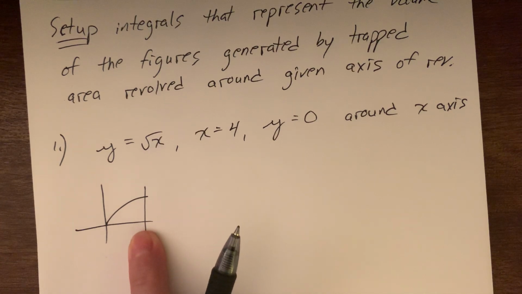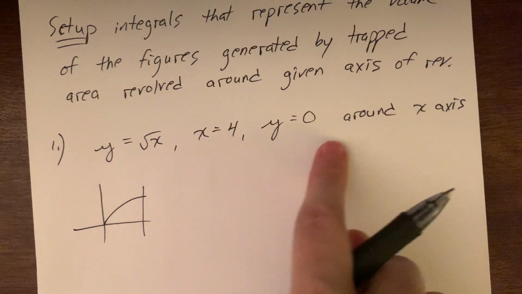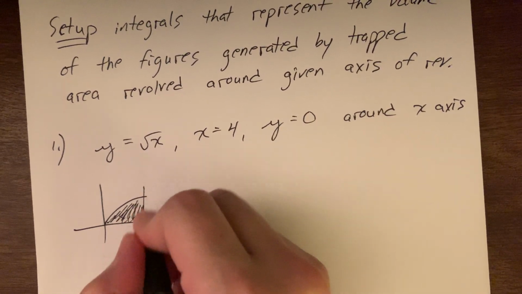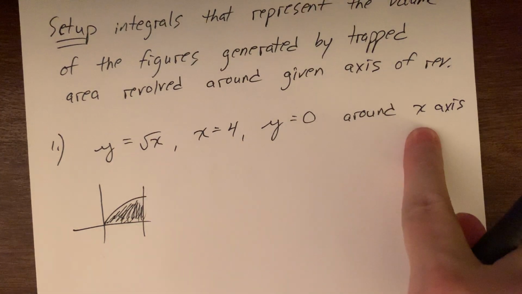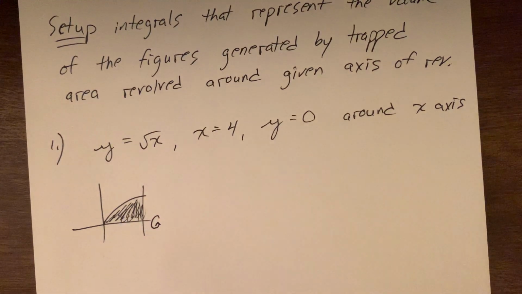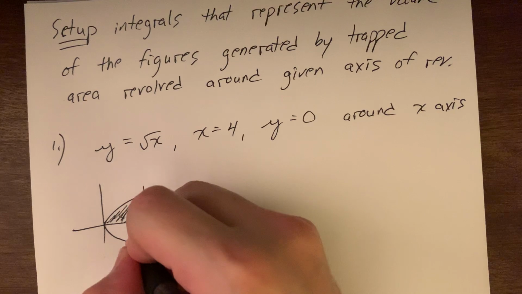So when I do this, I've got my picture, so there's my region, and now we'll shade it in. We're revolving around the x-axis, so I like to put this little revolution symbol, and this flips over.